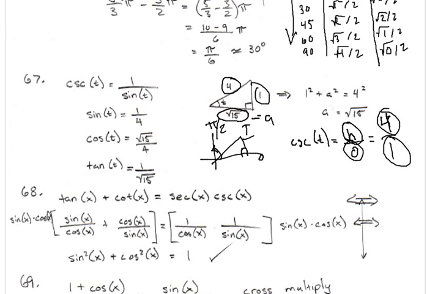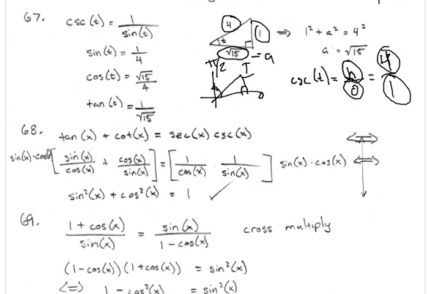Cosine is adjacent over hypotenuse, so it's square root 15 over 4. And tangent is equal to opposite over adjacent, so 1 over square root of 15. All right, so number 68: show that tangent of x plus cotangent of x equals secant of x times cosecant of x.